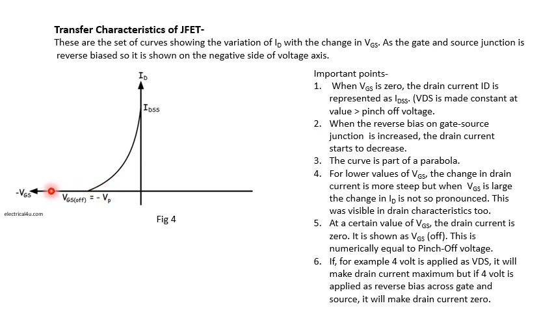Therefore, the voltage VGS is shown on the negative side. Whether it is a P channel or N channel, in the transfer characteristic, VGS is always shown on the negative side, just to indicate that the gate and source junction is reverse biased.